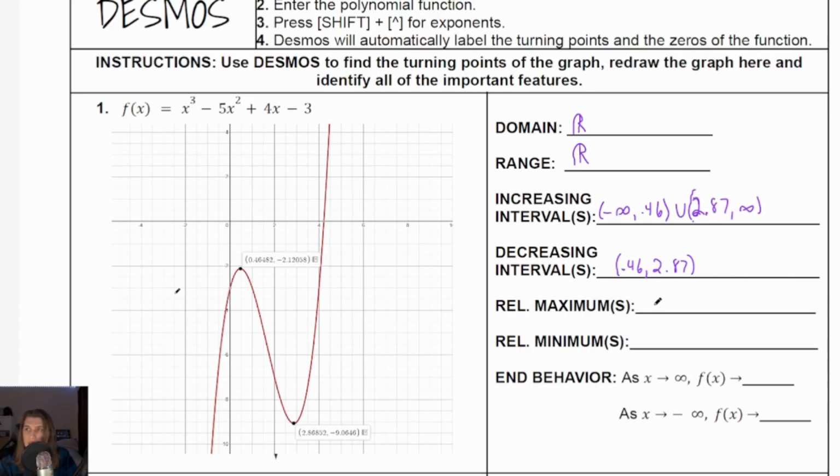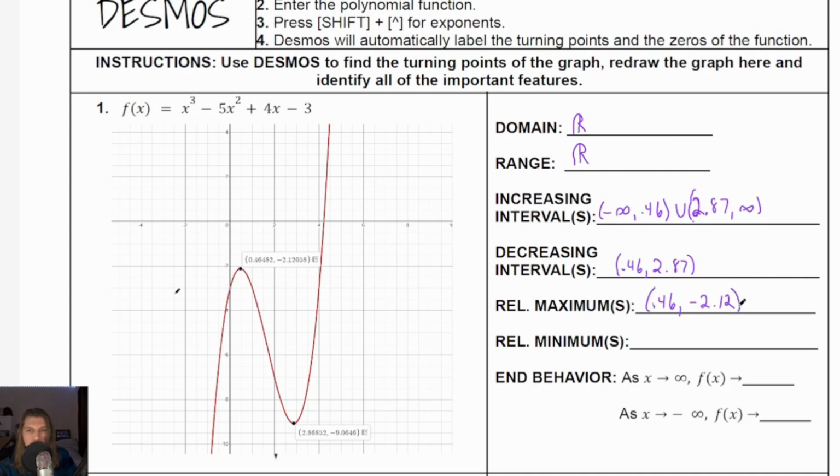So our relative maximums, those are our points that are labeled. So our relative maximum is (0.46, negative 2.12).